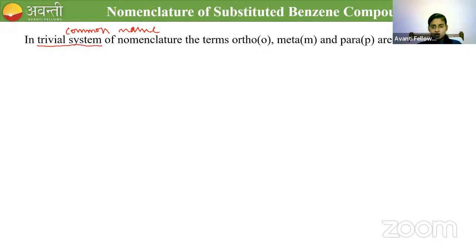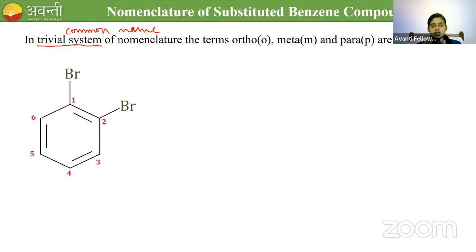What is meant by ortho? If two substituents are adjacent to each other, here you see the two bromo are adjacent, then they are called ortho compound. The IUPAC nomenclature will be 1, 2 dibromobenzene, but the common name of this compound is ortho dibromobenzene.